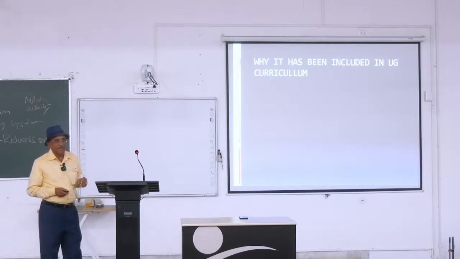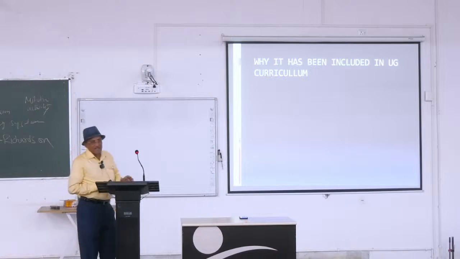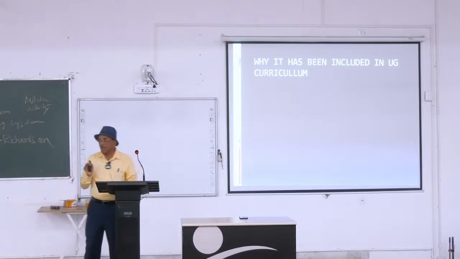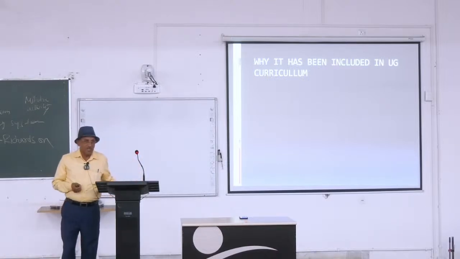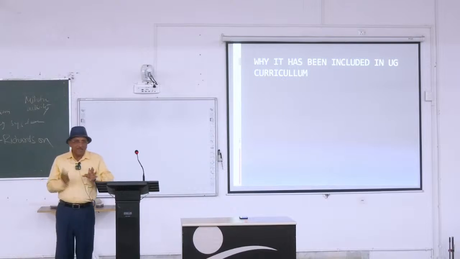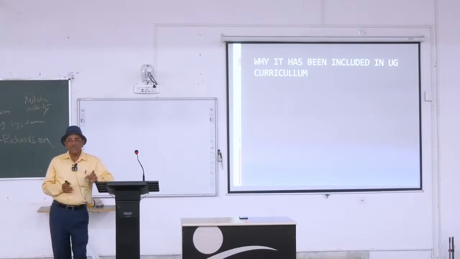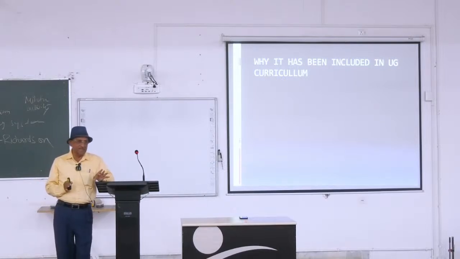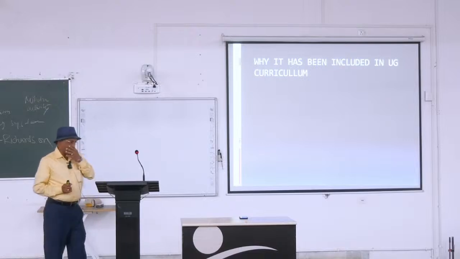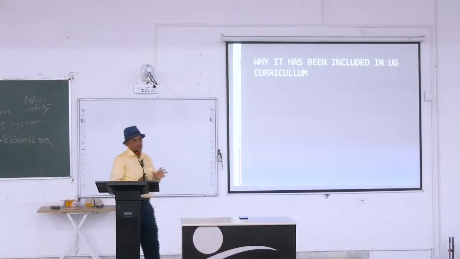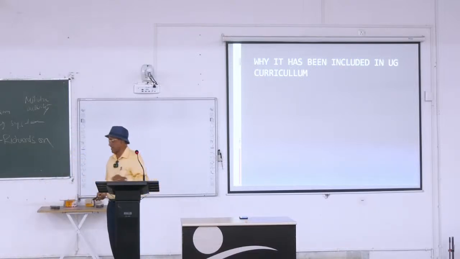Why? You know, number one, the most part is the ethical issue. Sacrificing animals only for the purpose of teaching has been banned. And secondly, there are certain obstacles in experimental pharmacology.